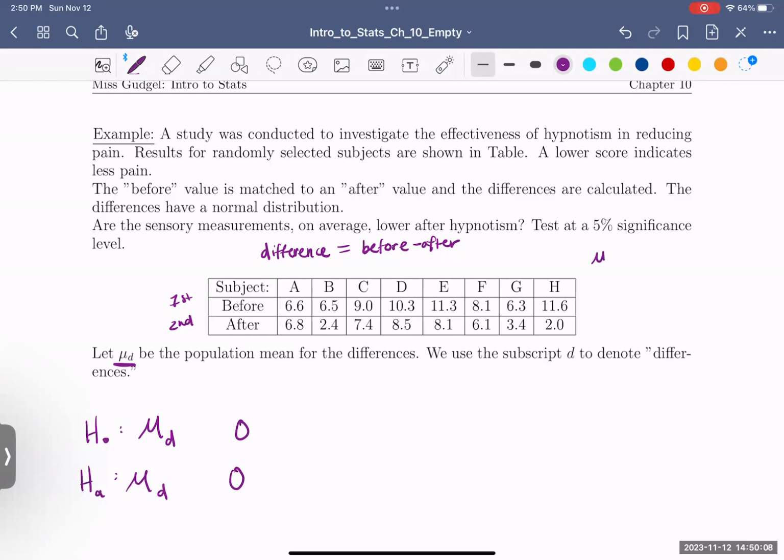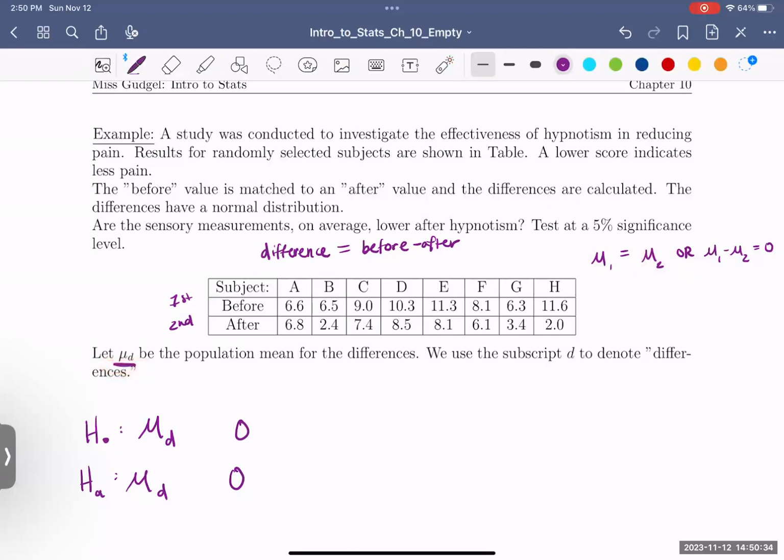Because like what we did before, right back when we talked about means for the first time, if we had this statement, it was the same thing as the subtraction being equal to zero. If I subtracted that mu sub 2 to the other side, this side would zero out, and we would have that difference over there, mu1 minus mu2. Well, that is what our mu sub d is.